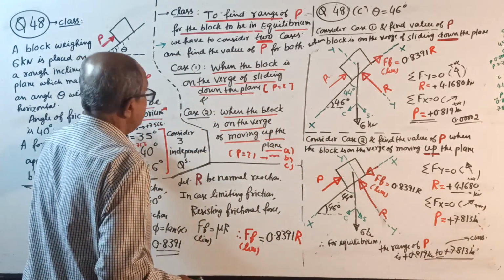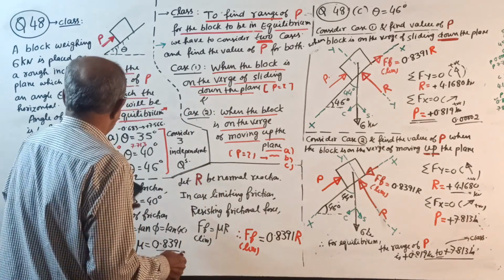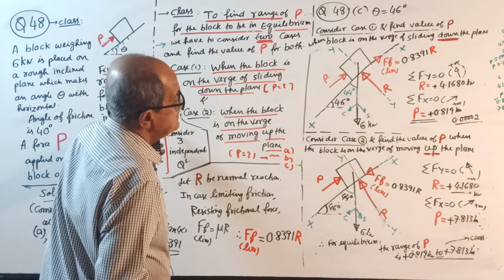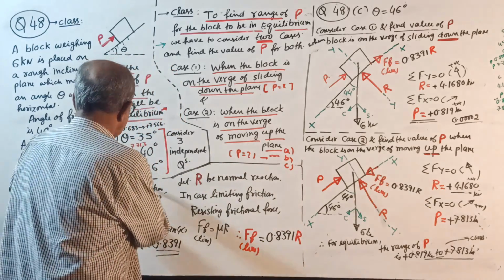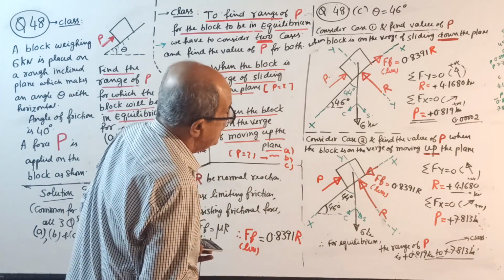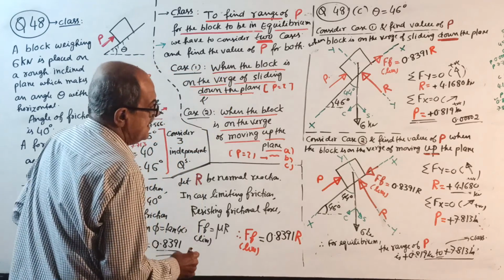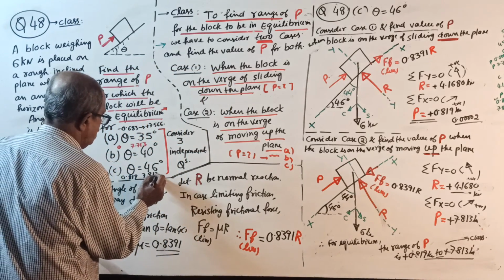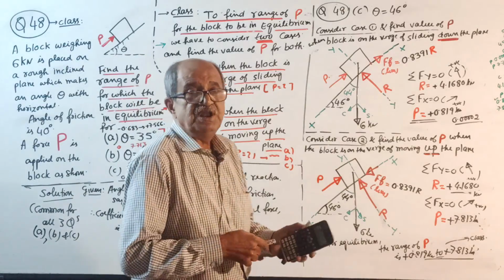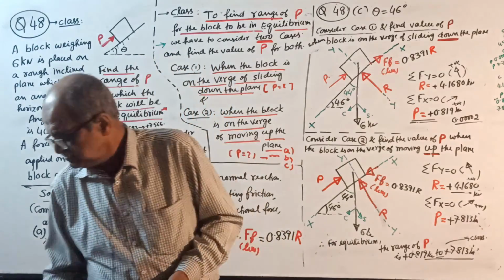One minute now. This one is 0 to 7.713. Correct answer? Yes, correct. This is 0.819 to 7.813. Sufficient. Okay, the question is completely solved.